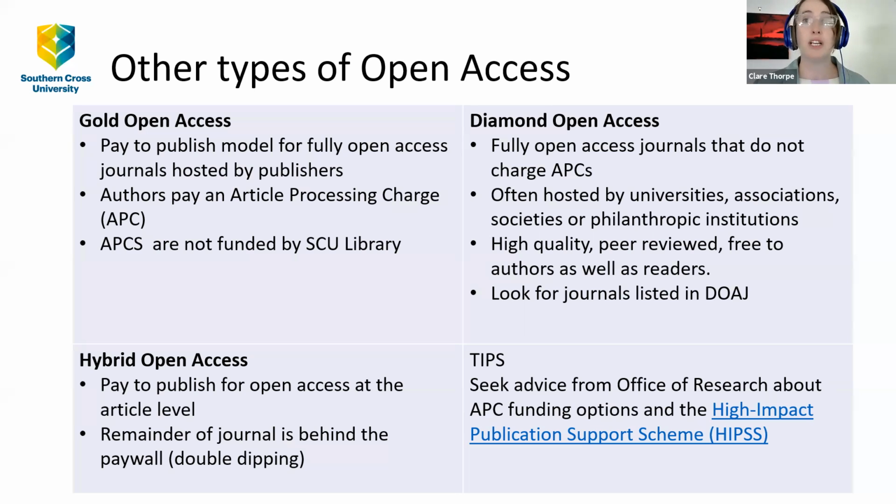Now, we at the library don't have a budget to pay APCs on your behalf. However, Julia might jump into the chat here. The Office of Research can provide advice on what options are available to you around APCs, if that is related to your grants, and they can also talk to you about how to build that into your future grant funding.